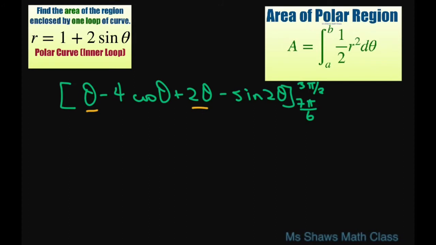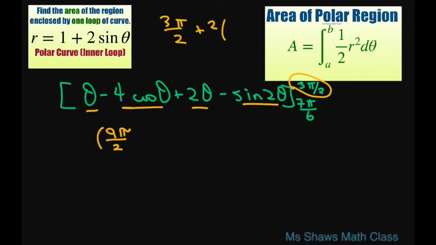But basically, for our first part, at 3 pi divided by 2, cosine is 0, and the sine term is 0 as well. So for our first part we get 9 pi divided by 2, because we have 3 pi divided by 2 plus 2 times 3 pi divided by 2, since the rest of these two go to 0. And that's going to give you 9 pi divided by 2.